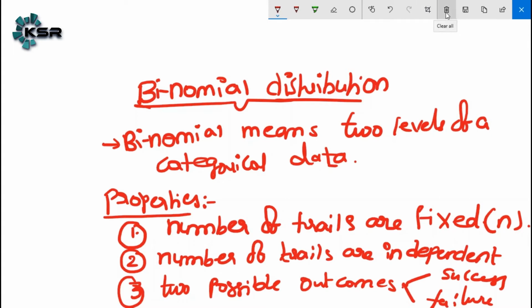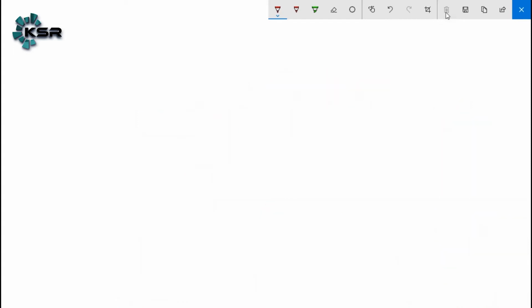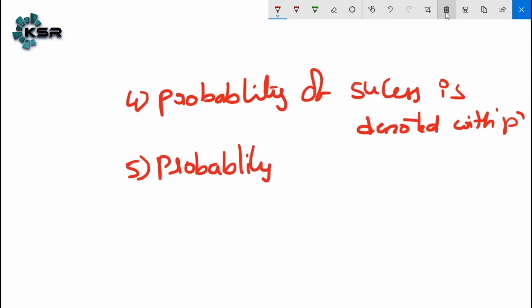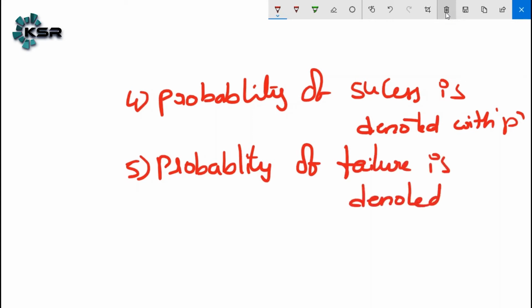Is everyone clear? Here, the fourth point: probability of success is denoted with P. Probability of failure is denoted with Q. Anything you can say, A, B, C also.